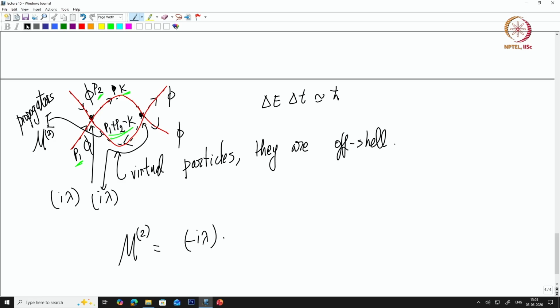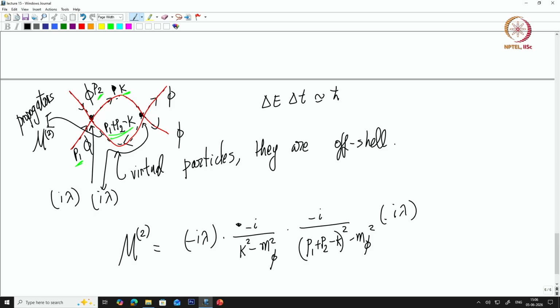You start with i lambda; the vertex gives you the incoming particles, they do not have wave functions, they only have the plane wave factor. So you have P1 plus P2 coming in, and then there is a propagator because it is a virtual particle. The propagator goes as minus i over k squared minus m phi squared. And the second propagator is i over (P1 plus P2 minus k) squared minus m phi squared, and then you close with the propagator.